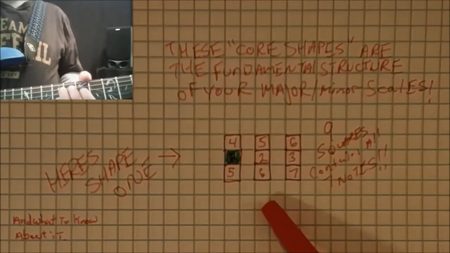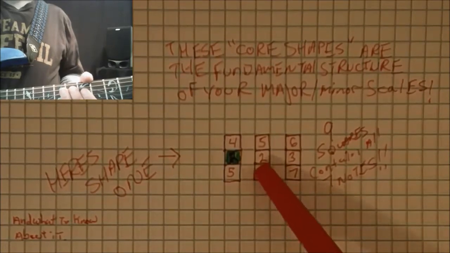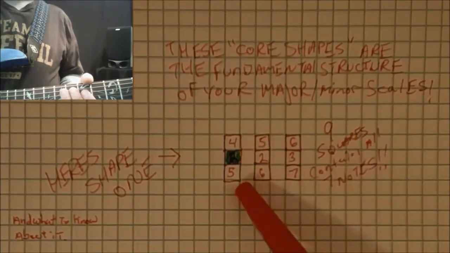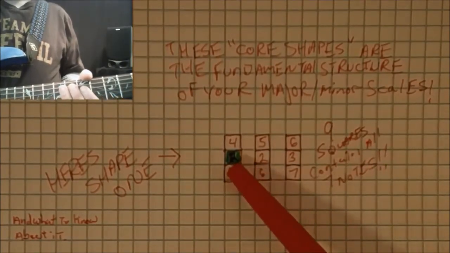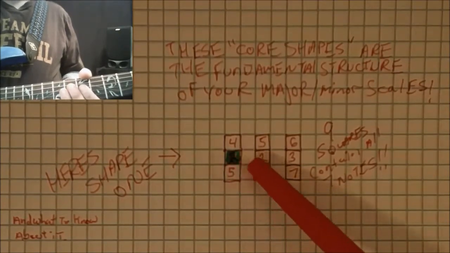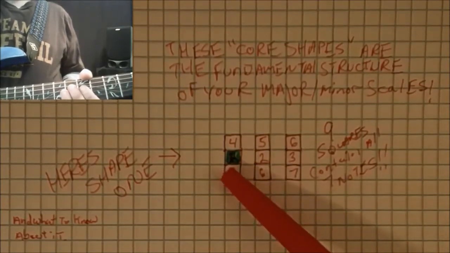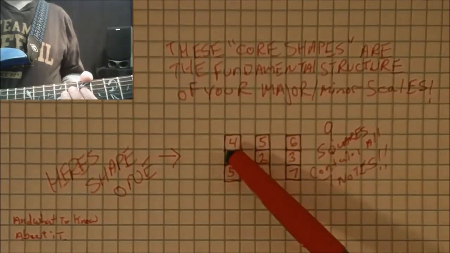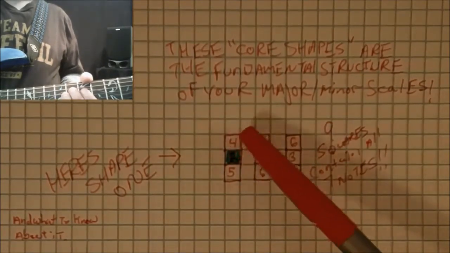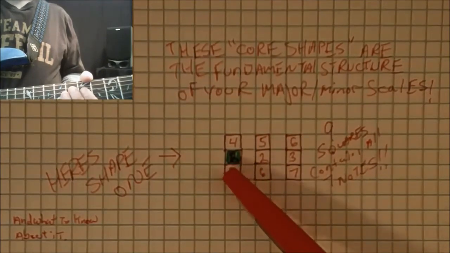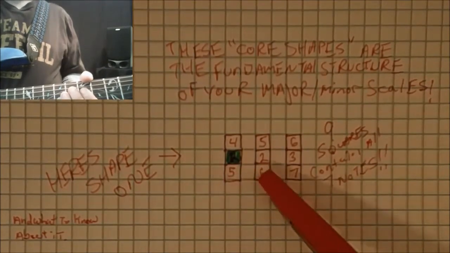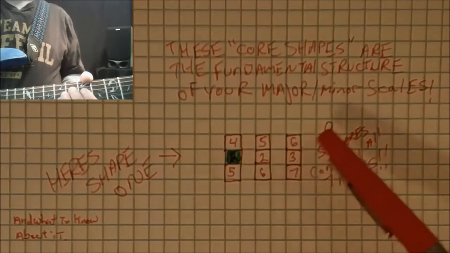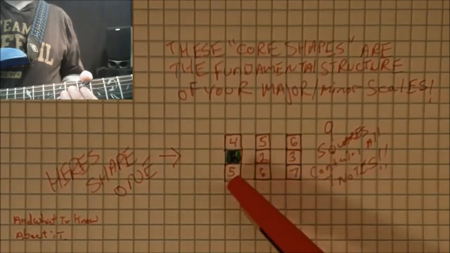These 9 note places that you play, you may even be familiar with playing this shape, contain all the notes of the major scale: the 1, 2, 3, 4, 5, 6, and it repeats here the 5, 6, and the 7. That's why 9 squares for 7 notes. There is the octave repeat.